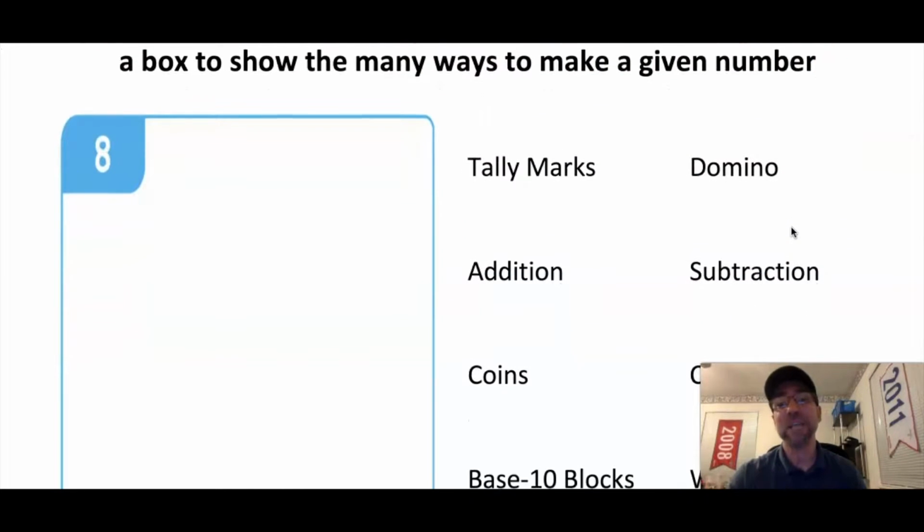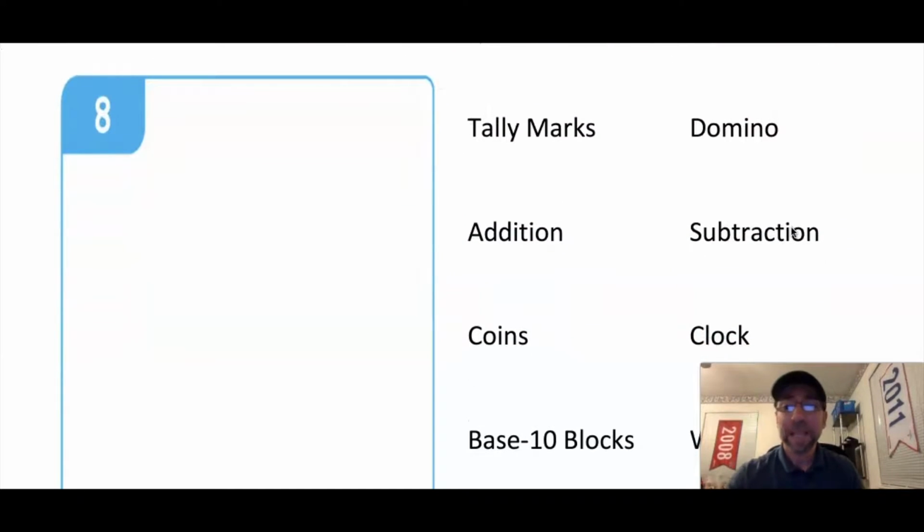Go ahead and take your whiteboard. And in the corner of your whiteboard, go ahead and write the number 8. This name collection box is going to be about the number 8. We're going to make the number 8 a lot of different ways. And you're going to do it right there on your whiteboard also. So let's see.